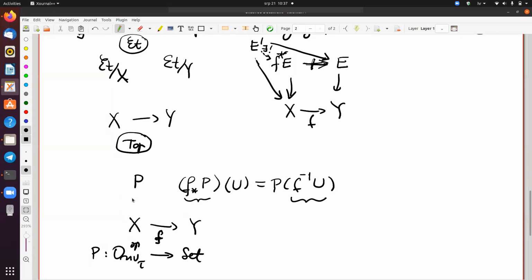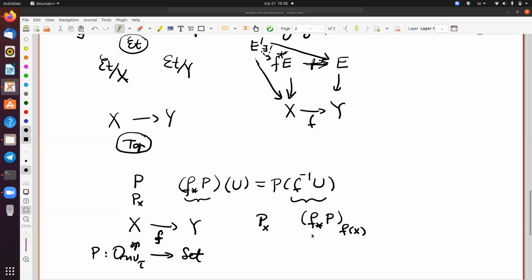So I have here some fiber Px over some point x, and you want to know what F star P at F x is.